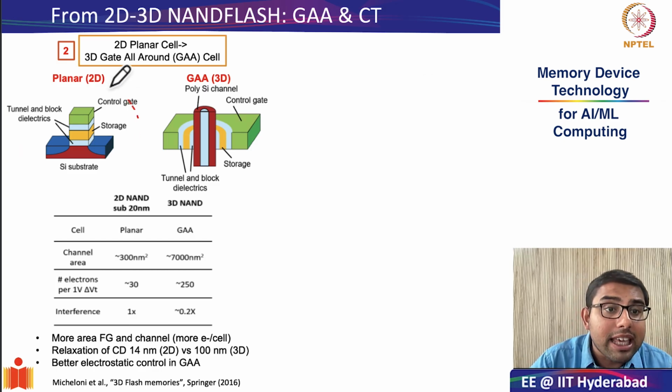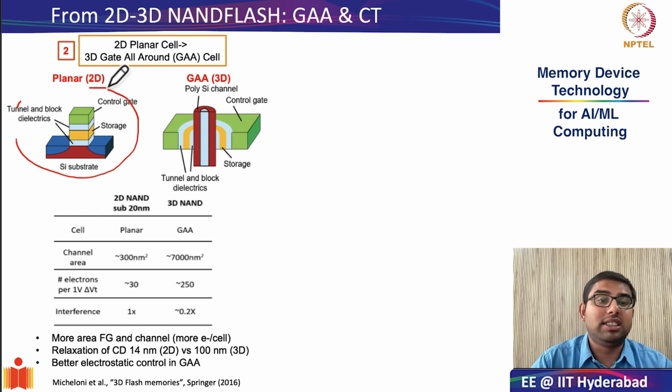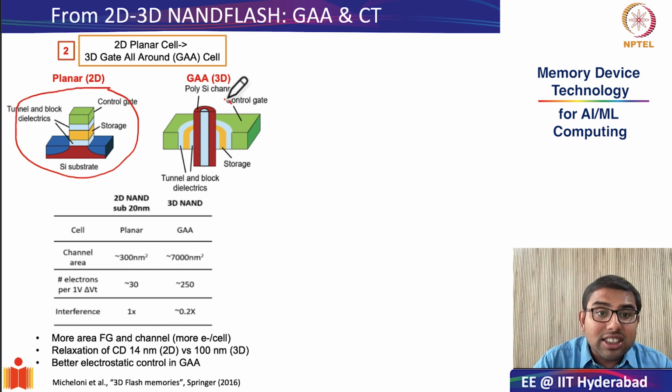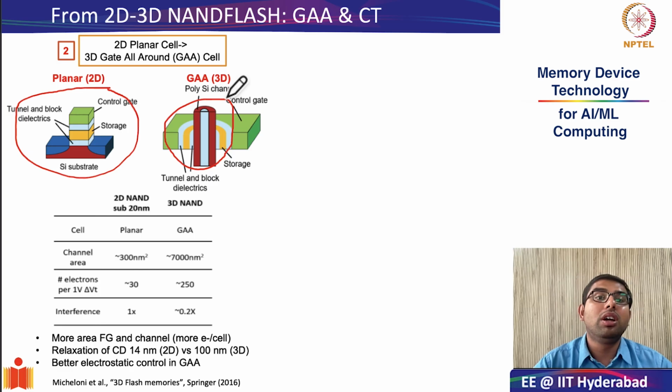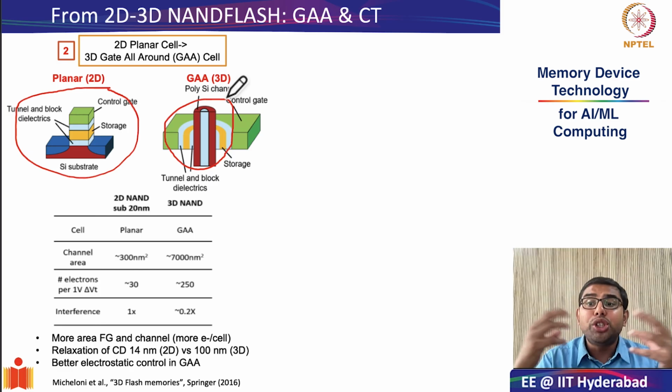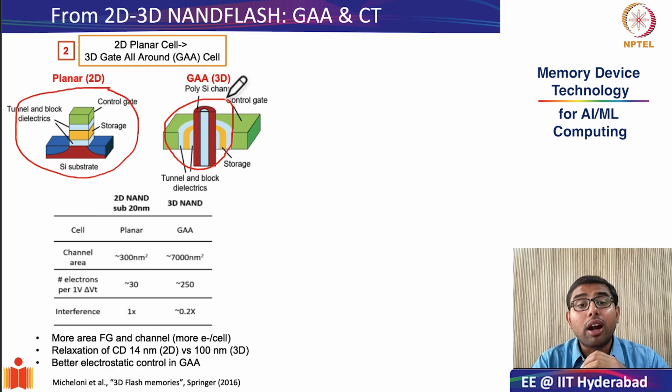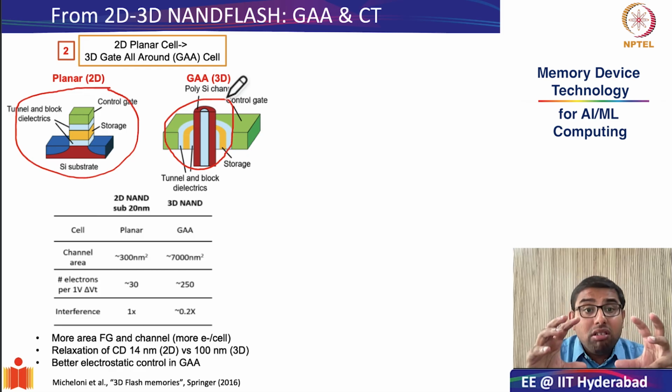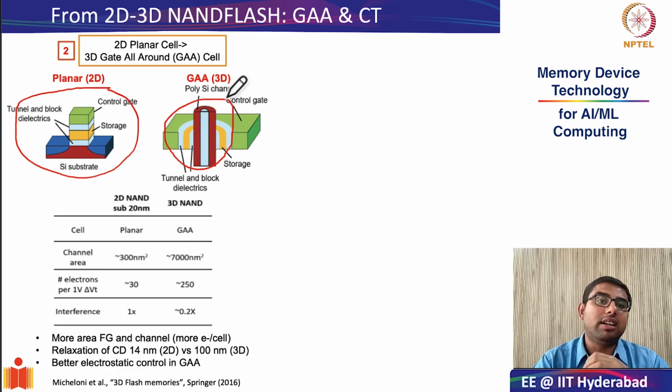There are a couple of very, very important reasons, and that we will try to understand next. So this is a schematic of your planar 2D transistor, which is used in 2D NAND, and this is a cross section of the gate all around transistor, which is used in 3D NAND. The reason why even in logic transistor design we are going from planar architecture to gate all around transistor architecture is because gate all around gives you much better electrostatic control. Why does it give you electrostatic control?